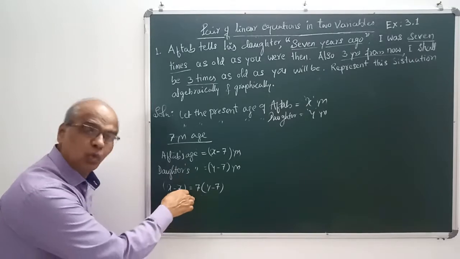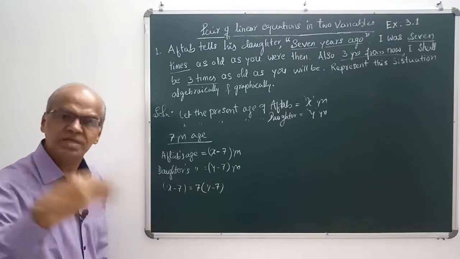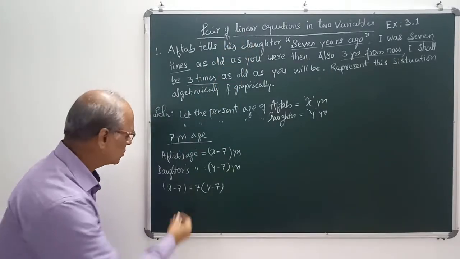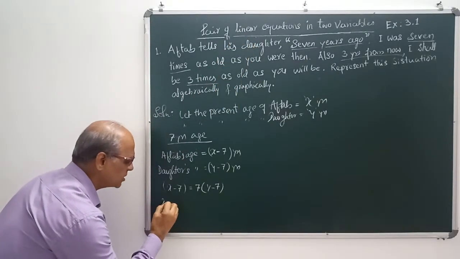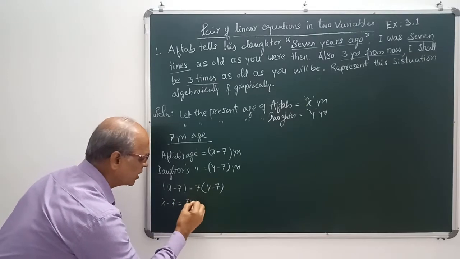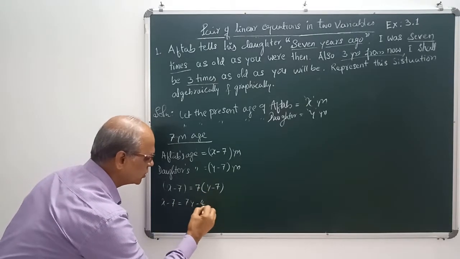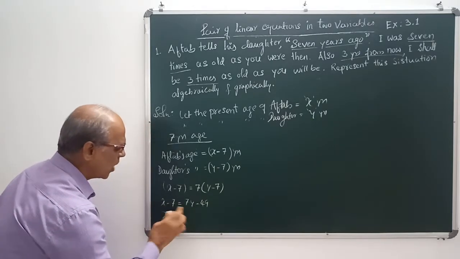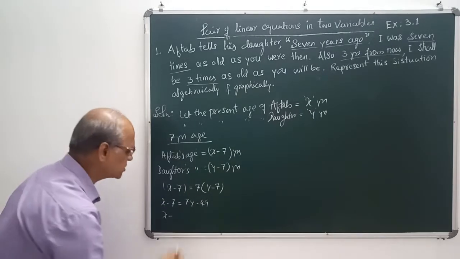Now this we have to reduce and bring into the standard form of a linear pair of equations. How to reduce this? x minus 7 is equal to 7 into y is 7y, plus into minus 49. Bring this y to this side, x minus y this side and 7 to the right hand side.